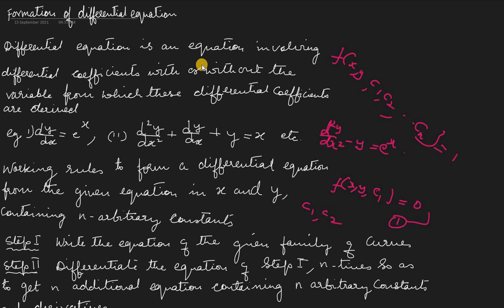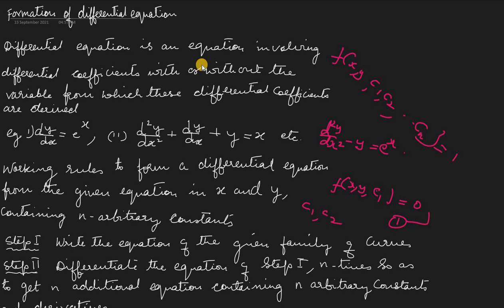Since there are n constant terms, you have to differentiate this n times. Once you differentiate it n times, you will get n additional equations including the given family equation. After that, you eliminate the constants c1, c2, up to cn using all those n plus 1 equations.